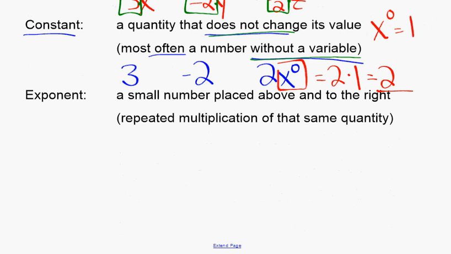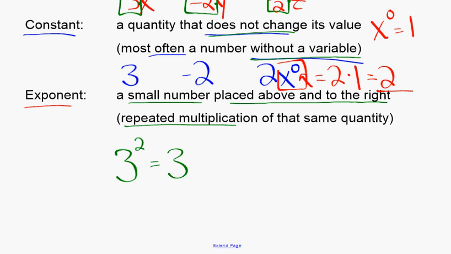Last term on this page is exponent. I just used an exponent up here. I gave this x an exponent. The exponent is a small number placed above and to the right. So if I have 3 with an exponent of 2, what that means is repeated multiplication.